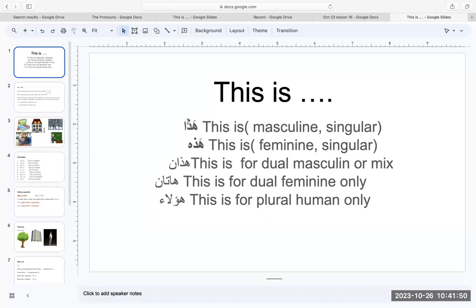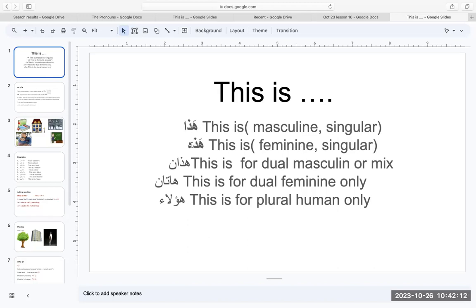We use هذا for this is masculine singular. Sorry. And we use هذه as this is for feminine singular.